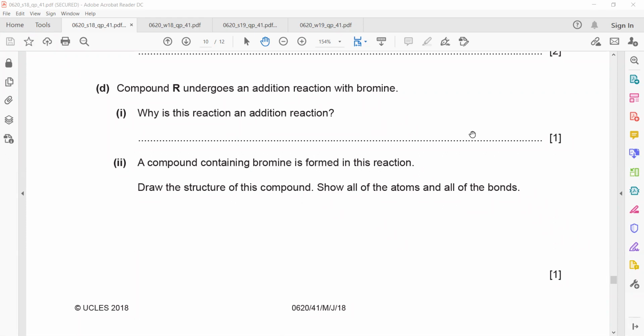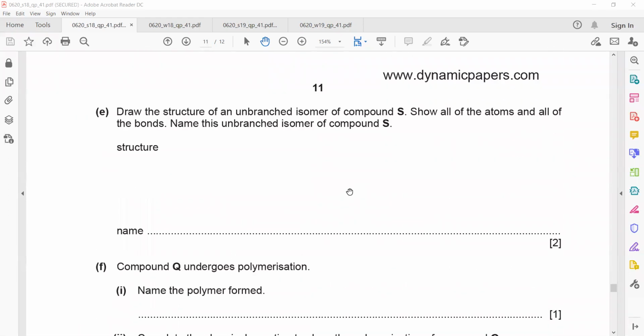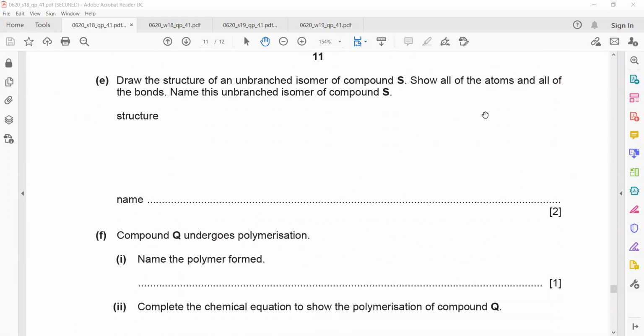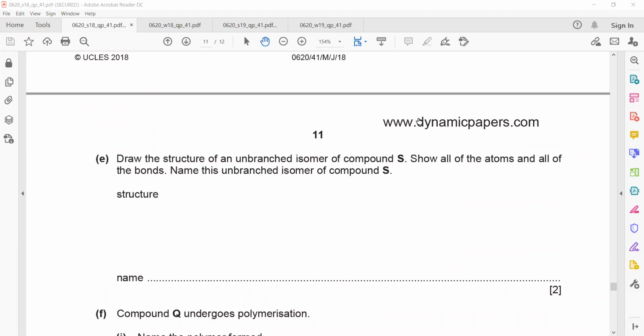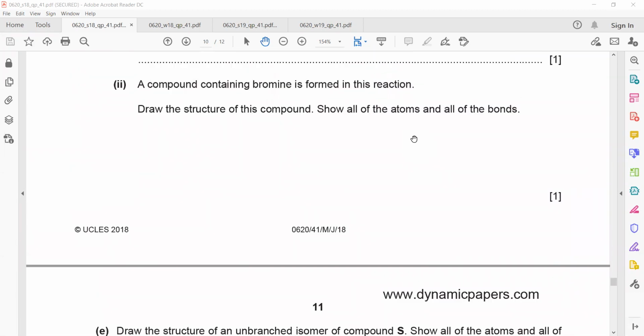Yes, the product of substitution reaction is called halogen alkane. Sir, I have a confusion. There are certain halogen-containing compounds that are named like trichloroethane, tetrachloroethane, and there are also other compounds that are named like 2-bromobutane.